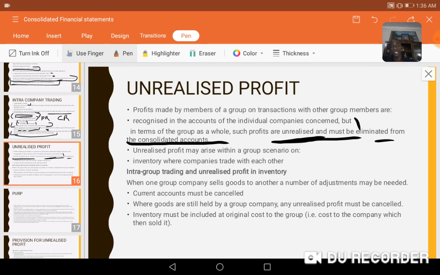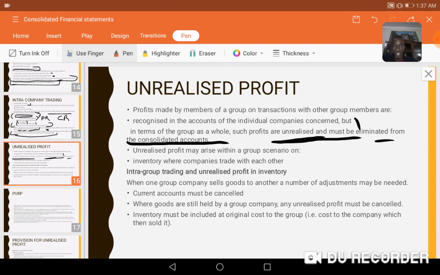So same as unrealized profit, it must be removed from that party which sold or that party which gained the profit upon selling. Whether it's the parent selling to the subsidiary or the subsidiary selling to the parent, that profit has to be removed as long as the goods are still within the company or the receiving company.